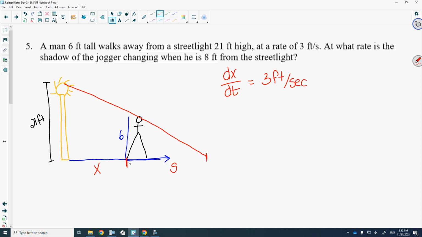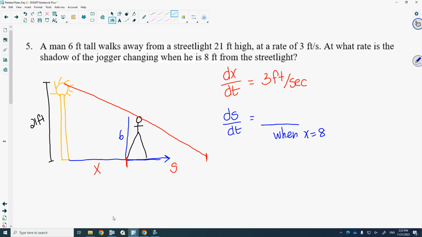At what rate is the shadow changing? That would be ds/dt, because as he goes further out, the shadow is moving as well. We want that when he is 8 feet from the street light, so when x is equal to 8.